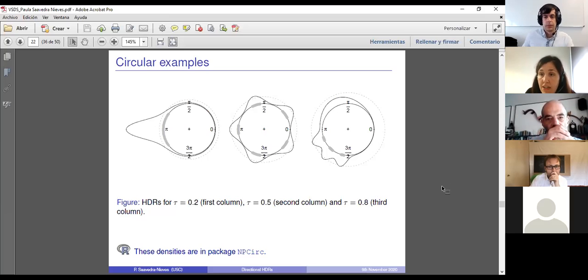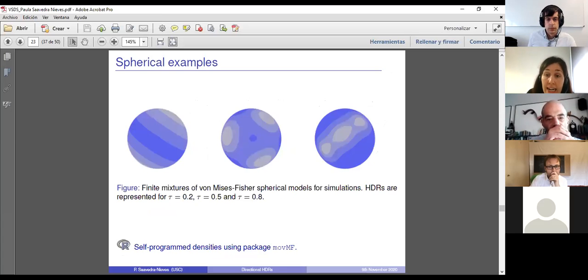It will be necessary to consider a smaller value of tau to detect this cluster. Here I show you some spherical densities and the representation of the highest density regions, again, for different values of the parameter tau. Here, in the first case, we have a bimodal density, and the last two models are trimodal densities.